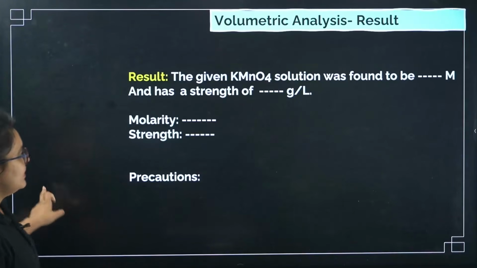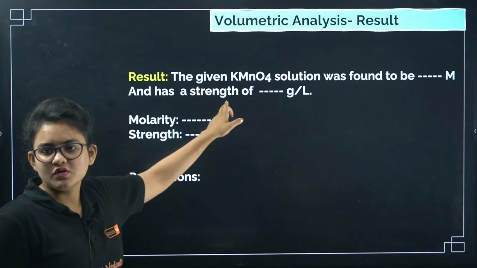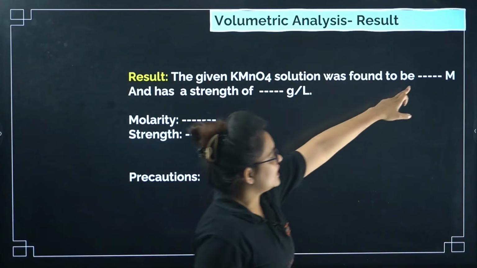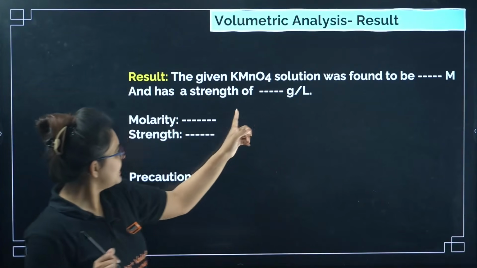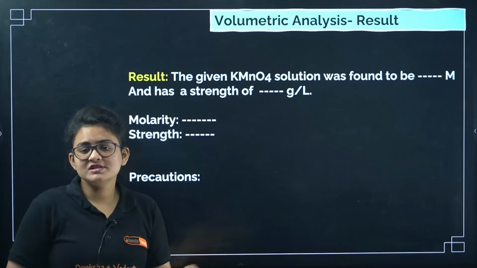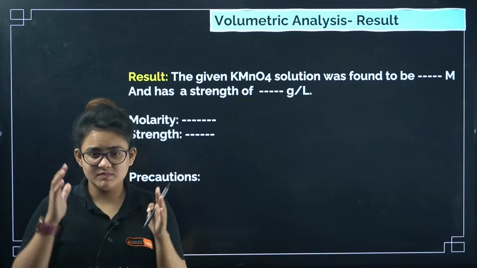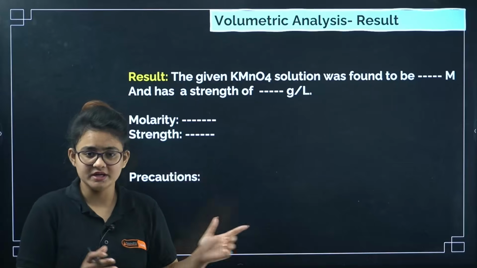In this case you have to write the result like this: molarity the way I showed you in the calculation, and strength here. Again write molarity and strength and put the values here. Precautions, 2 to 3 precautions please remember. If your examiner asks you to write the precautions, then don't forget to mention them.